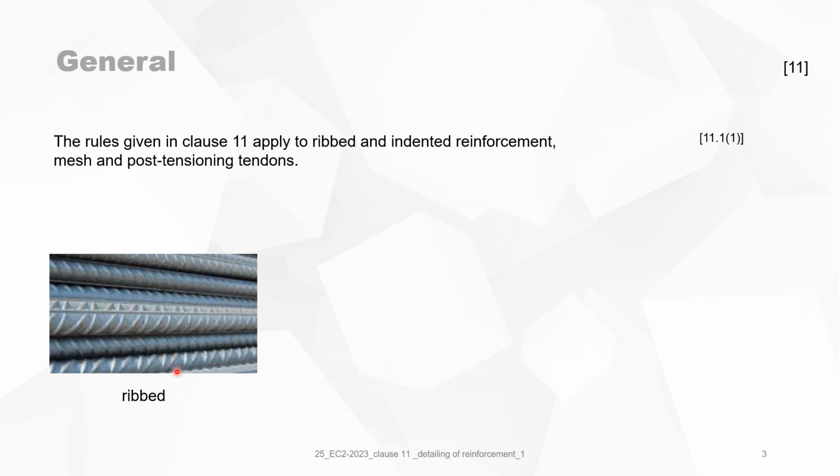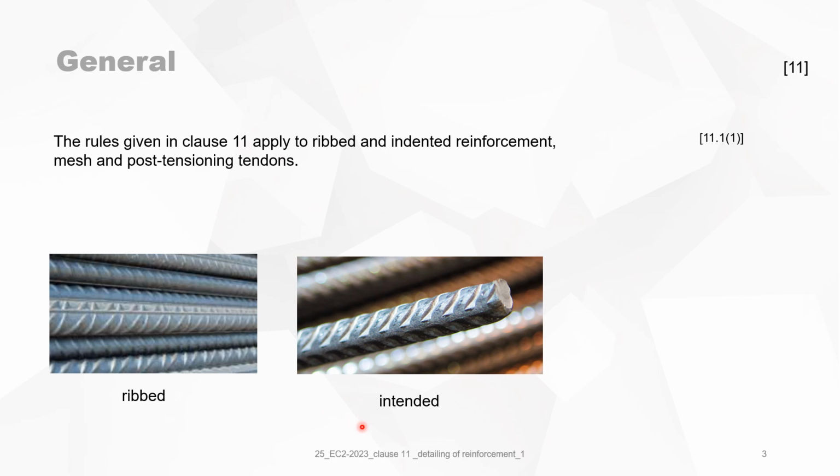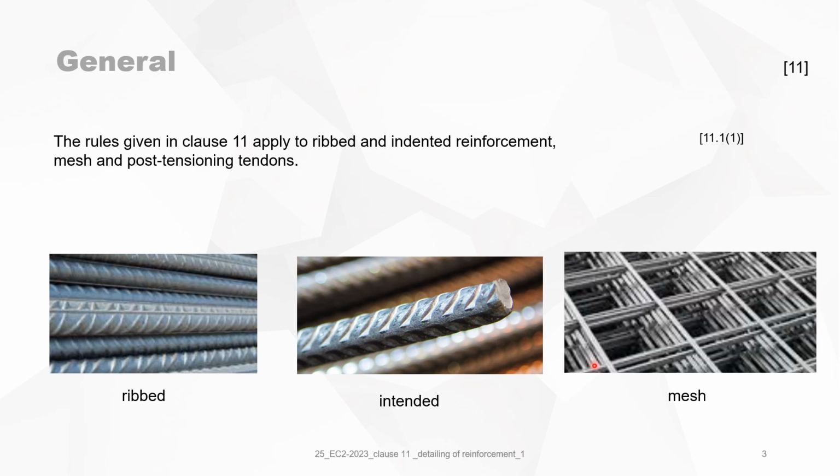The ribbed reinforcement looks like this picture. The indented reinforcement is a little bit like this. It means that the indents are cut out of the steel bar, and the mesh, of course, looks a little bit like that.